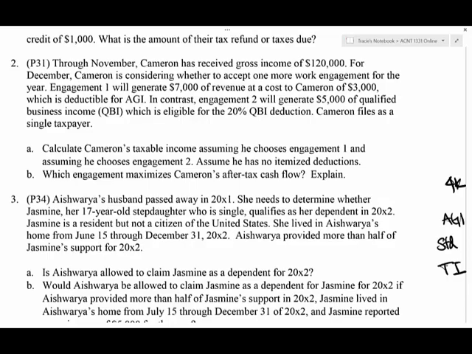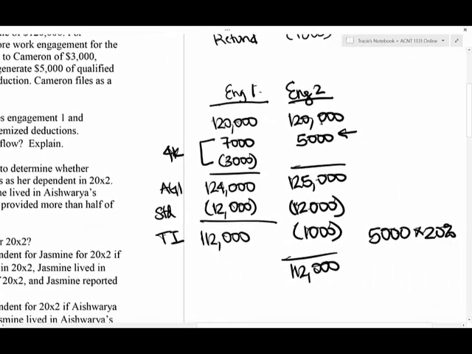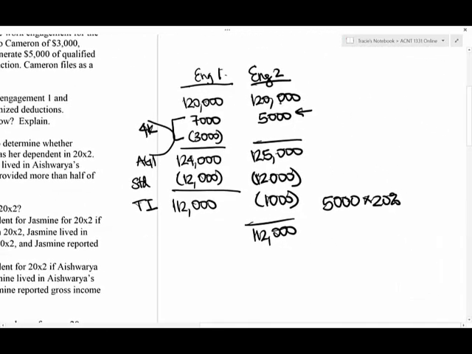The reason why is, remember, in engagement number 1, we only got $4,000 net in cash. In engagement number 2, we got $5,000 net in cash. So engagement number 2 is better than engagement number 1. You should choose engagement number 2 over engagement number 1.